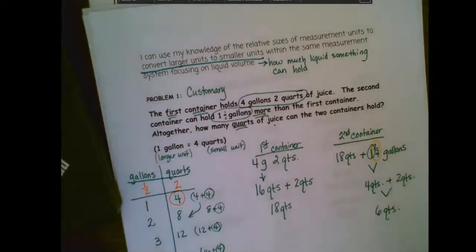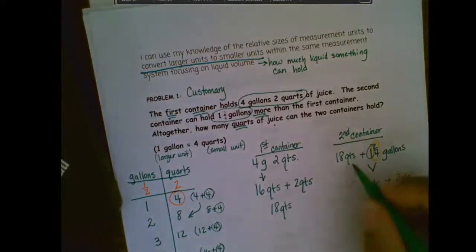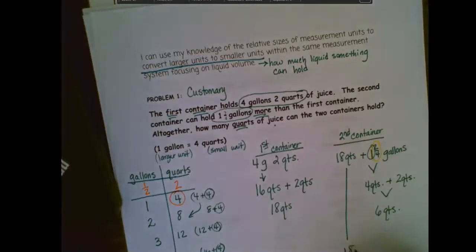But I'm not done, because I need to know how much this second container can hold all together. So I'm going to take this 18 quarts plus the 6 quarts equals 24 quarts. But I am not done.